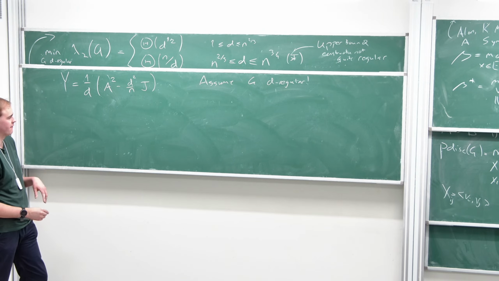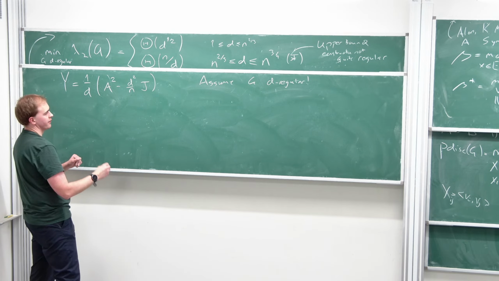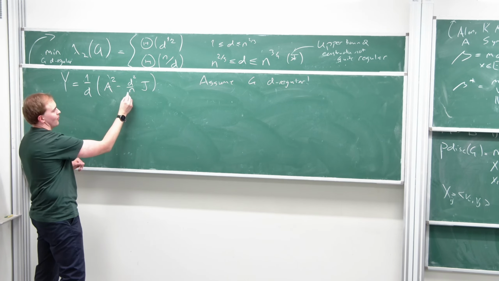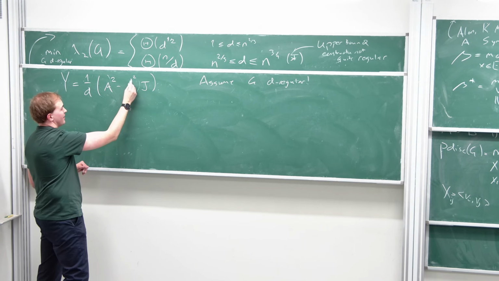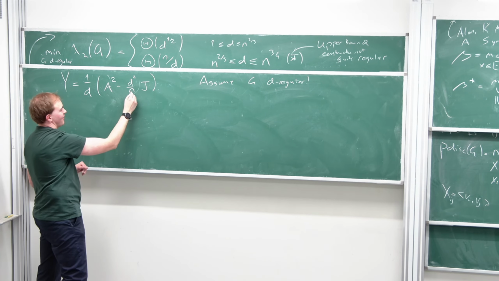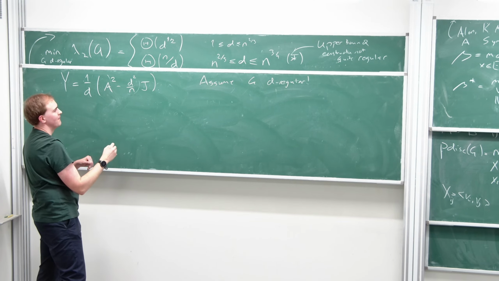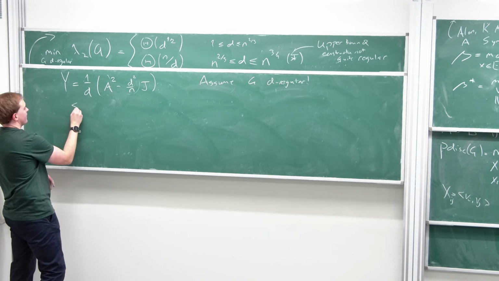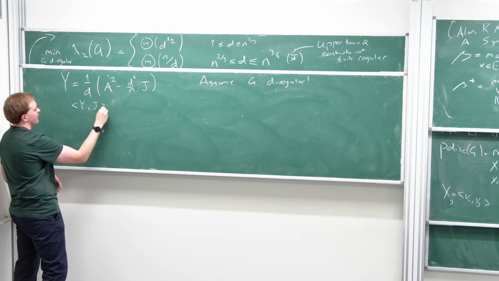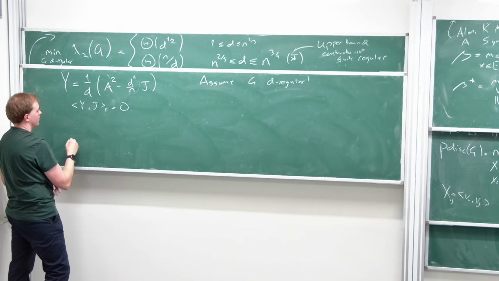Because G is d-regular, the all-ones vector is going to be an eigenvector of A with eigenvalue d, and this J divided by n is basically the v1 v1 transpose matrix. So the Frobenius inner product of Y and J is going to be 0.